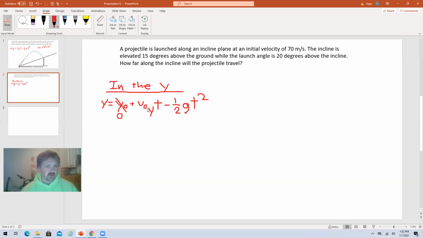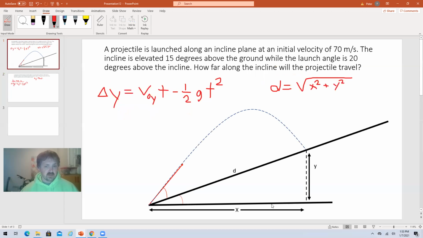And so in order to do that, we're going to have to decompose our 70 meters per second into the v naught y. Okay, so let's do that. So v naught in the y is going to equal 70 meters per second multiplied by the sine of the angle, right, that deviates from this horizontal component right here, okay?